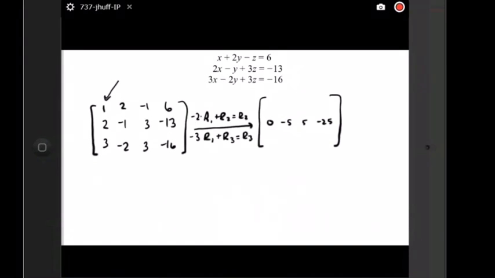So now 1 times -3 is -3, plus 3 is 0. 2 times -3 is -6, -6 plus -2, -8. -1 times -3 is 3, 3 plus 3 is 6. And then -3 times 6 is -18. -18 plus -16 is -34.